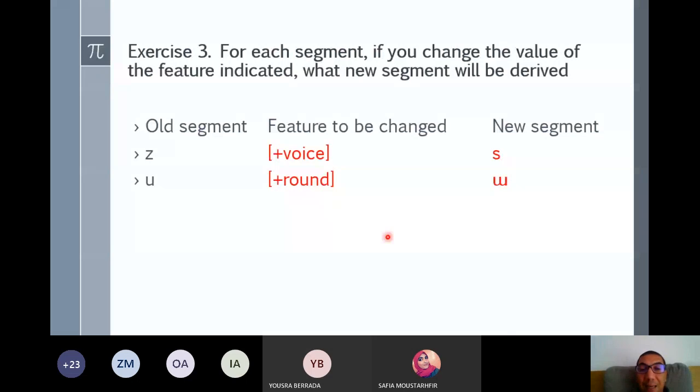If you change it into minus back, then you will have the corresponding front high vowel. Is ch. Is plus voice, and if you change plus voice into minus voice, then we will have the voiceless pharyngeal h.